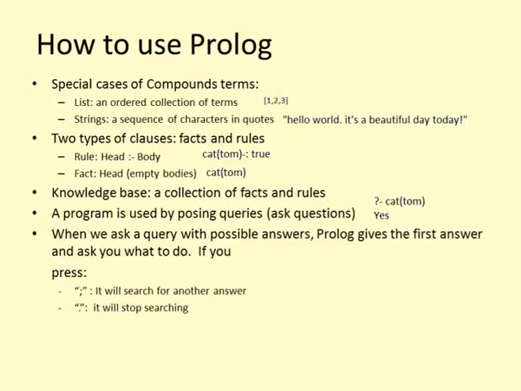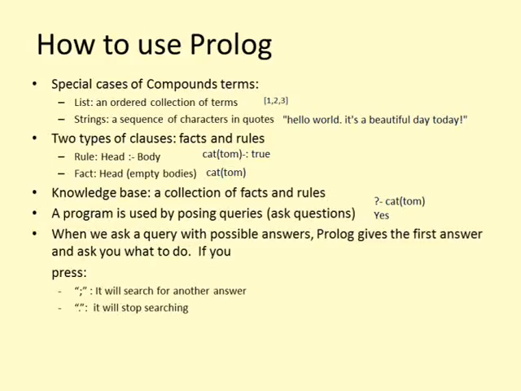Prolog, as a general purpose language, provides various built-in predicates to perform routine activities like input-output, using graphics and communicating with the operating system. A collection of facts and rules is called a knowledge base or a database, and Prolog programming is all about writing knowledge bases.